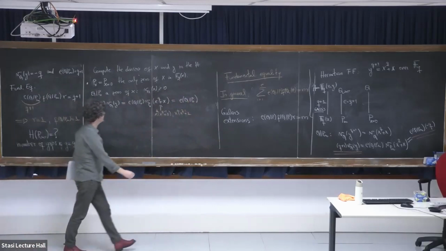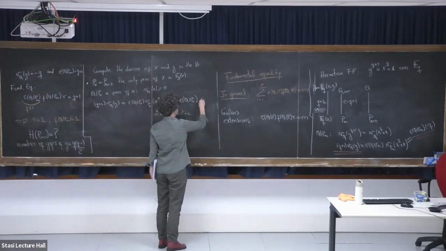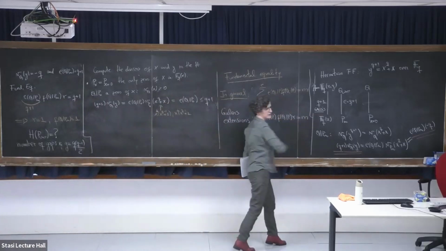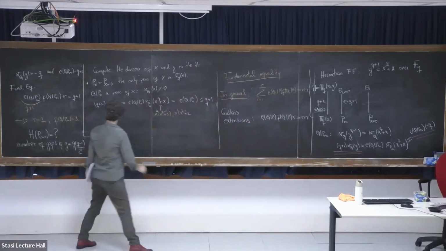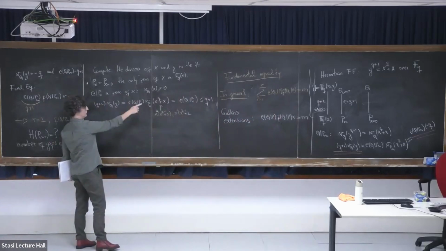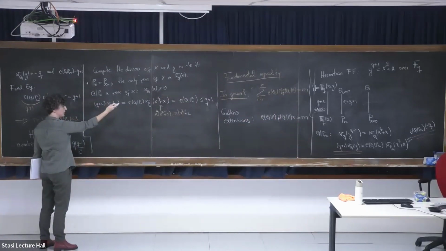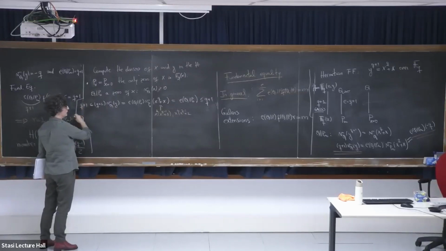And by the fundamental equality, we know that this is at most the degree of the extension, that's Q plus 1. So we get this times this has to be less or equal than Q plus 1. And here, of course, we have this. So these are all equalities.